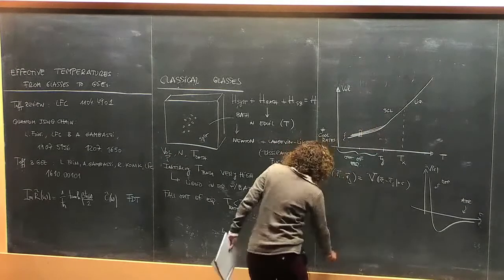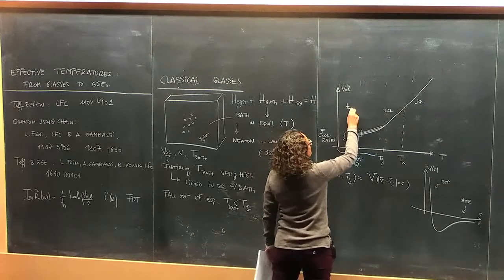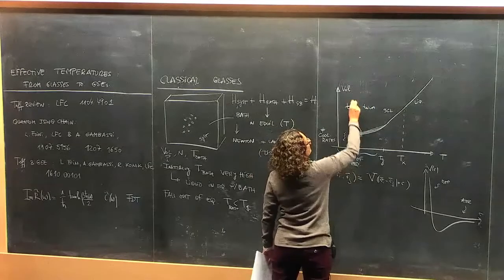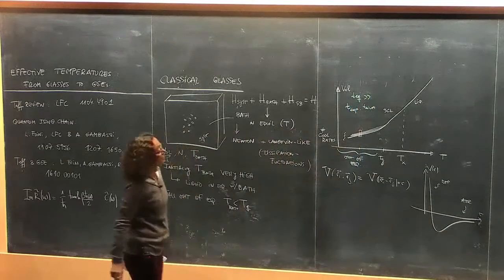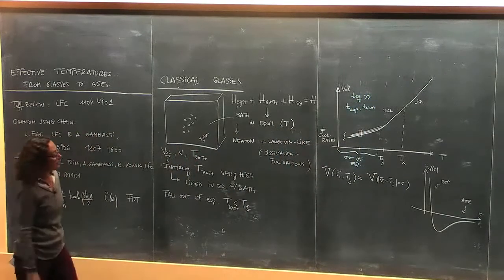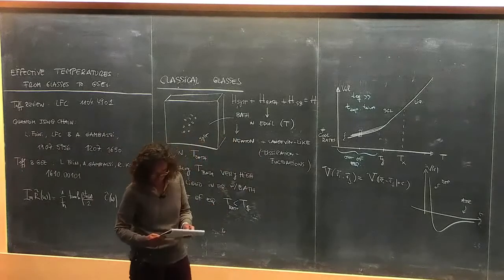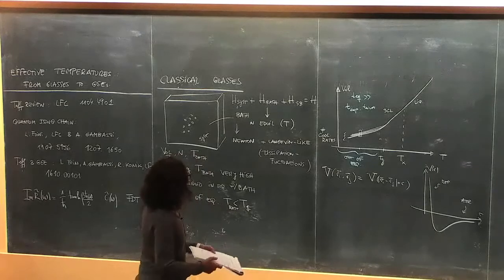Okay, so it's out of equilibrium, but it's out of equilibrium for all times that you can reach experimentally or numerically. So what this means is that the equilibration time below this Tg is much longer than the times that you can reach in your lab. Okay.